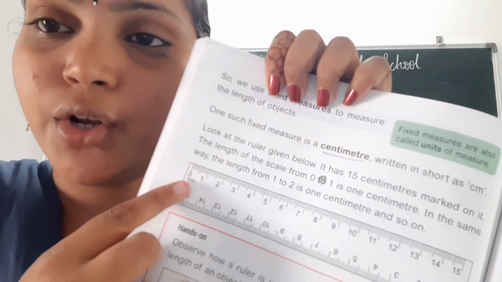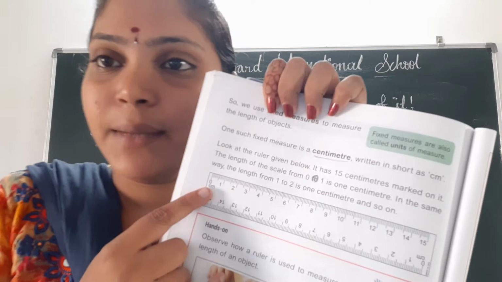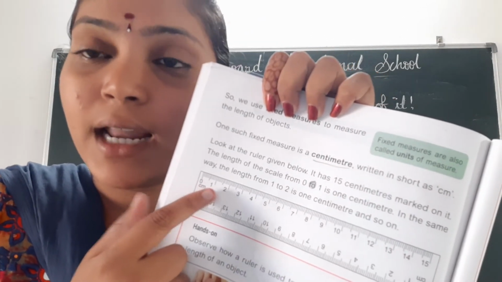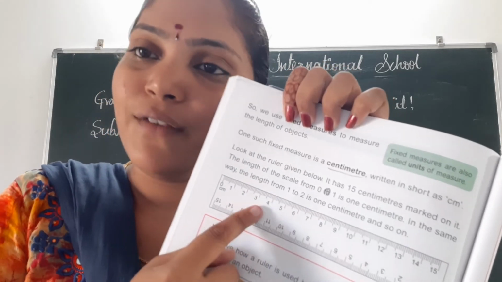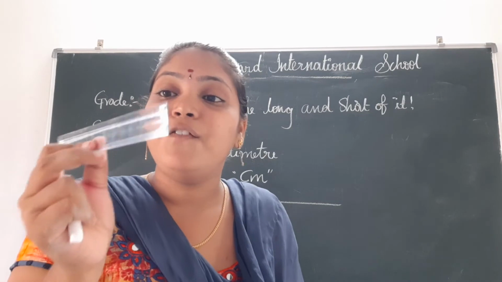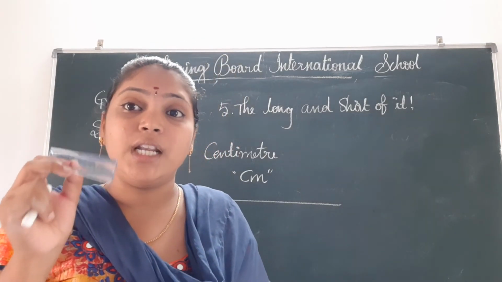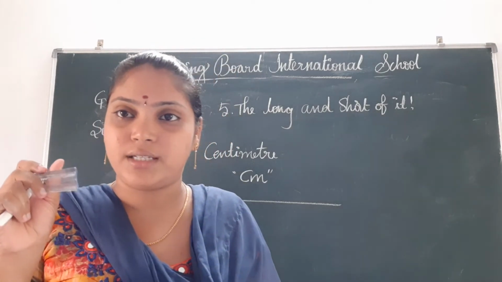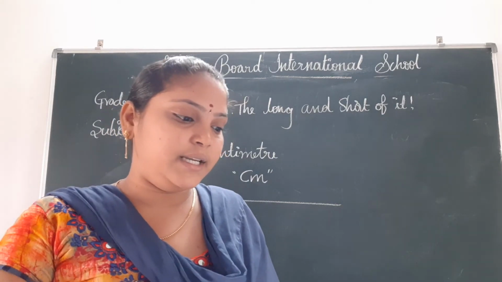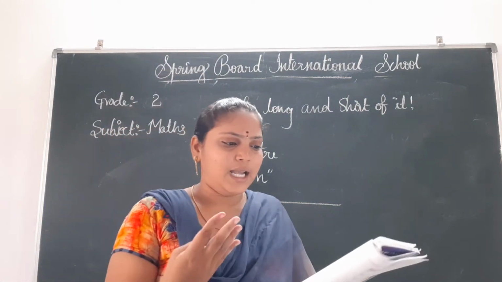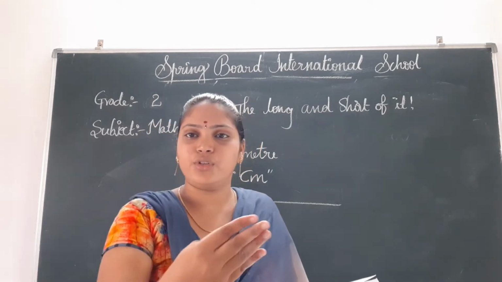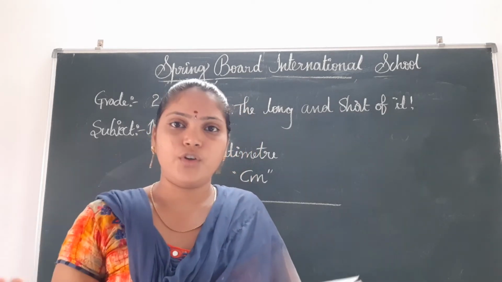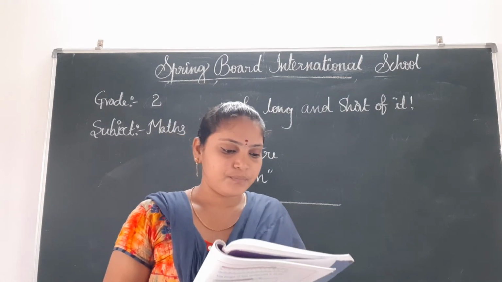Observe in the textbook also, children. Here it is 0, and centimeters are already marked. The distance from 0 to 1 is 1 centimeter, and 1 to 2 is 1 centimeter. Totally this is 15 centimeters. In the same way, the length from 1 to 2 is 1 centimeter, and 2 to 3, 3 to 4, 4 to 5, similarly like that.